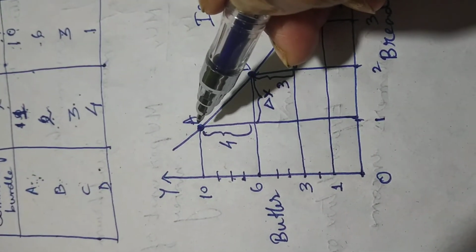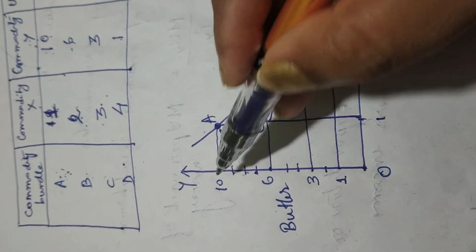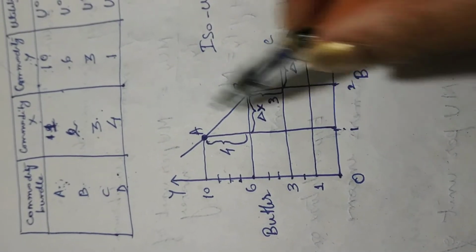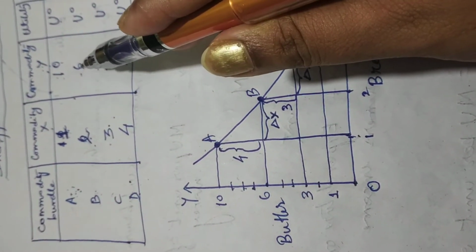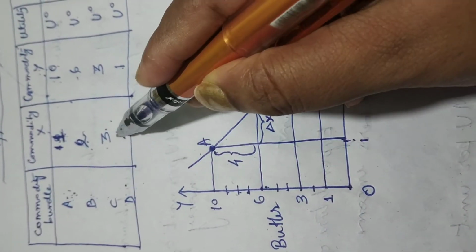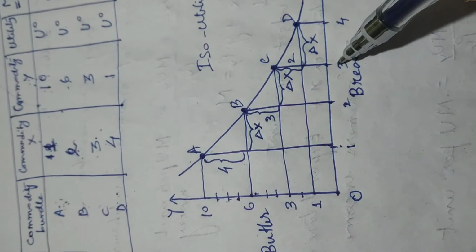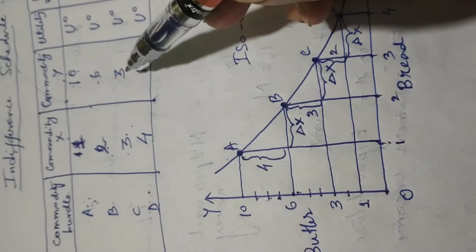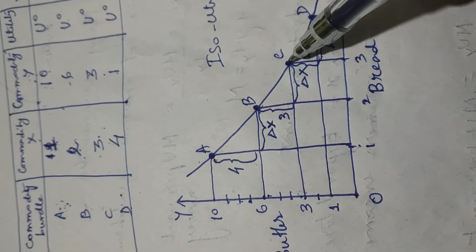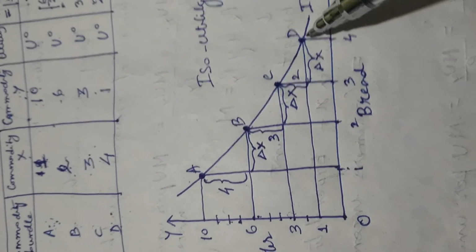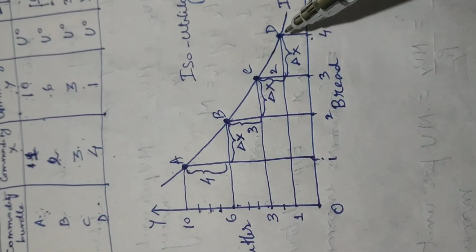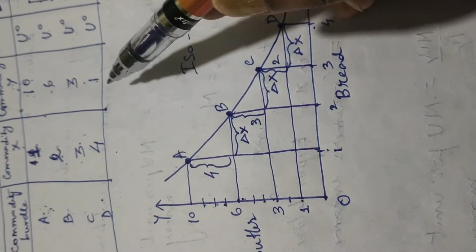Now at combination A, you have 10 units of Y and 1 unit of X. At B, you have 2 units of X, follow the table please, and 6 units of Y. At combination C, 3 units of X, that means bread, and from here you see 3 units of Y. So you have combination C, commodity bundle C. And at D you have 4 units of X, that is bread, and 1 unit of Y.